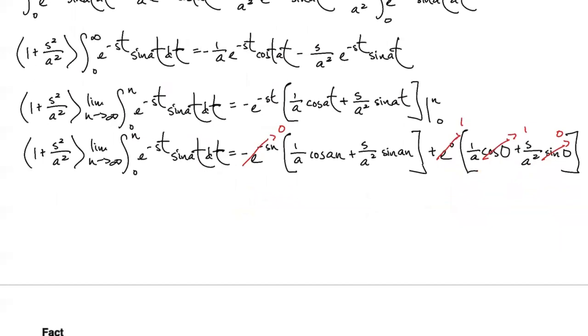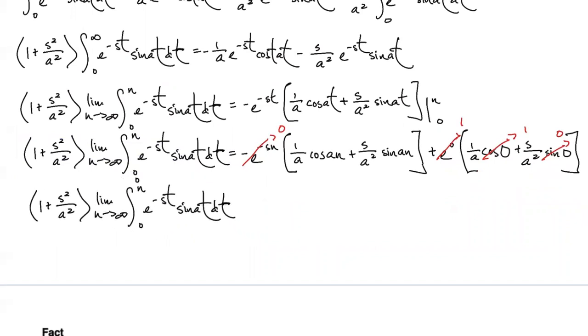What that means is that, on the right-hand side, the only thing that is left is 1 over a, right?